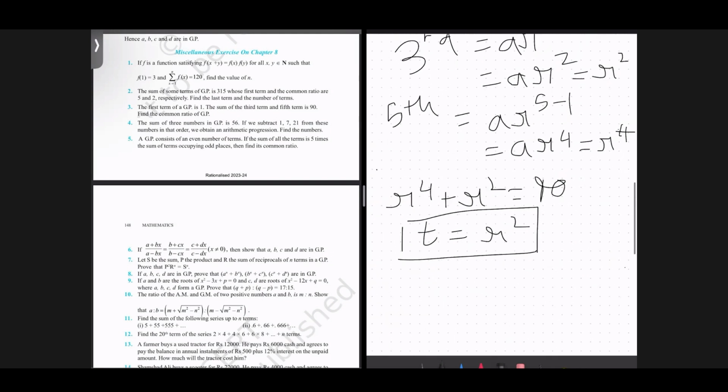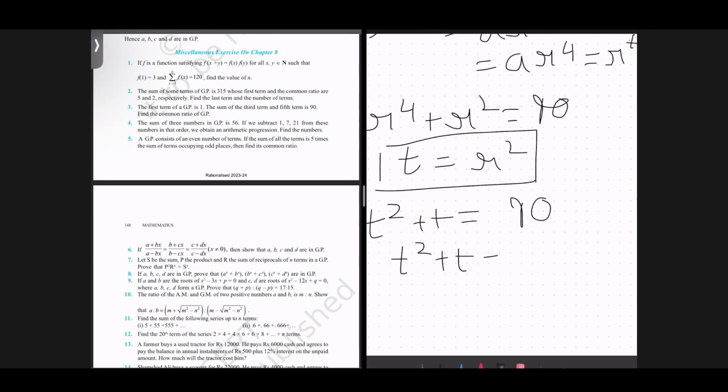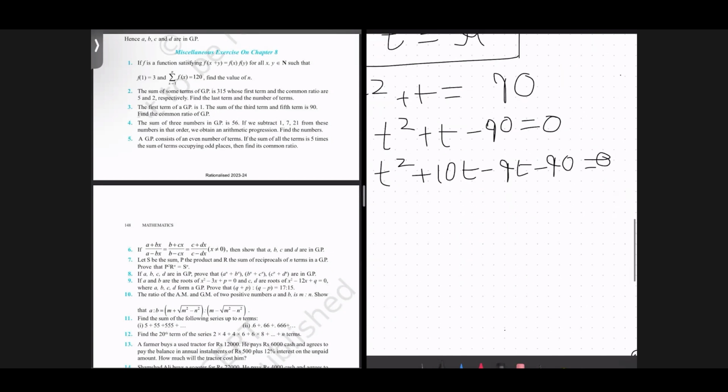So when you do that, you get t^2 + t = 90, so t^2 + t − 90 = 0. So t^2 + 10t − 9t − 90 = 0. You get t common here, you get t + 10, and you get −9 common here, you get t + 10 right here itself, and you get 0 here.